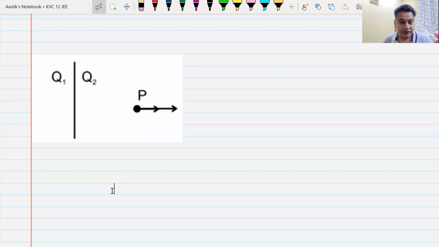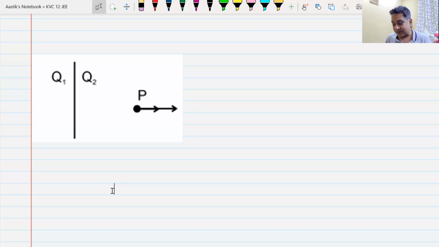What is the answer for this one? No one knows this. Everyone is looking at each other's faces. Remember, answers are never on the faces of your friends or your class teachers. Sigma by 2 epsilon naught, sir. What is sigma? I don't know sigma. Charge is given as Q1 and Q2.